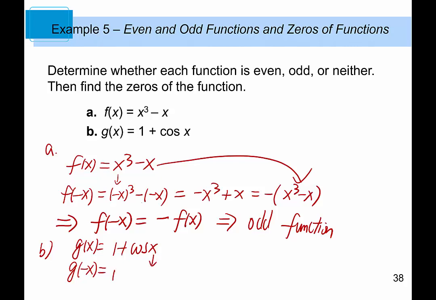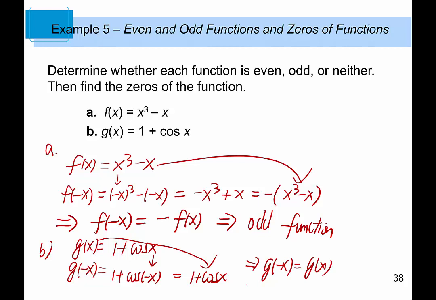So it's going to be 1 plus cosine of negative x. And we know that cosine x is an even function, so in this case it is 1 plus cosine x, which is exactly g of x. Now we have the relationship g of negative x equals g of x, and this is exactly the definition of an even function. So the answer is an even function.